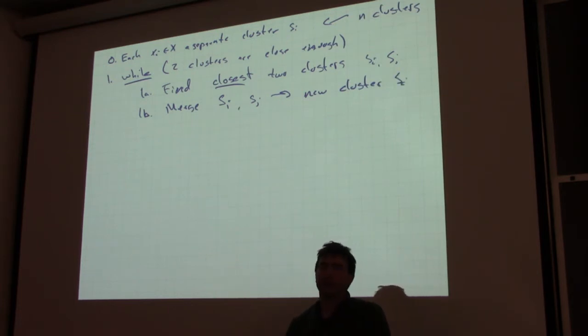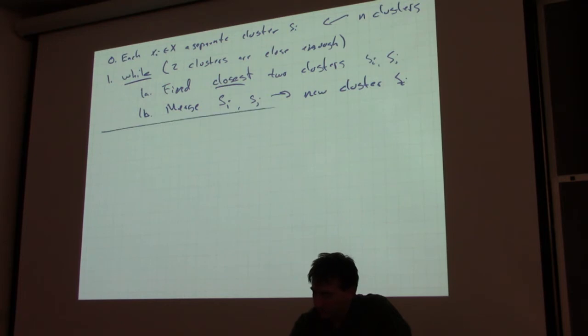So I have one fewer cluster than before. I've gotten rid of Sj, I now have Si again, right? And so this is the pseudo code for the algorithm.